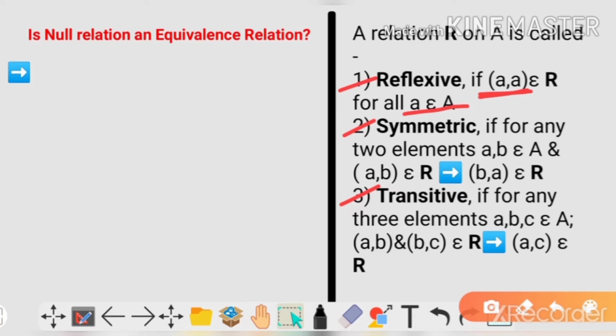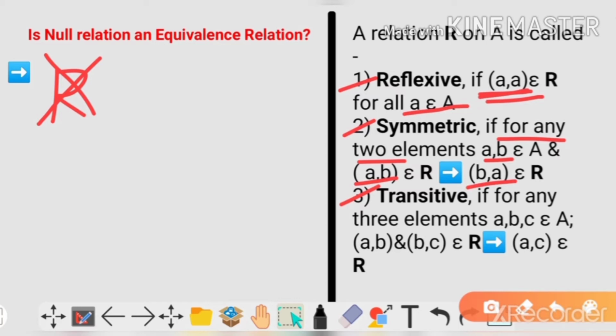As a null relation doesn't contain any element, it's clear that it doesn't contain the identical elements. So it can't be a reflexive relation. Okay. Now for a symmetric relation, if for any two elements A, B, AB belongs to R, then BA belongs to R. That means if the relation contains a point like AB, then we check whether it contains the point BA or not.